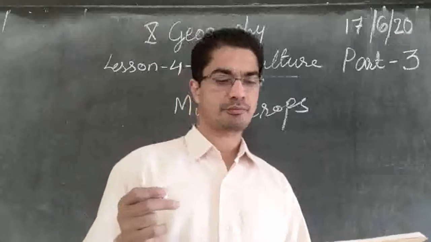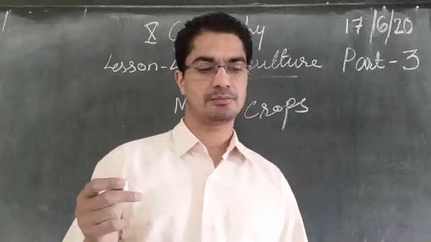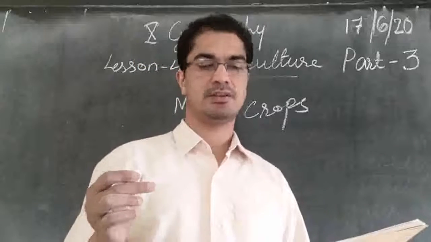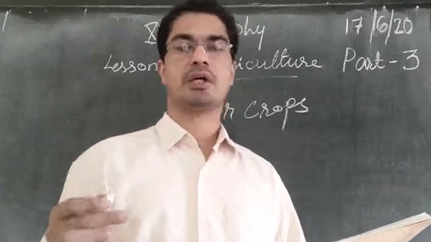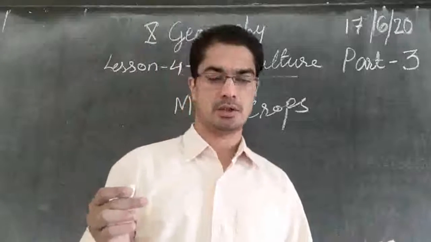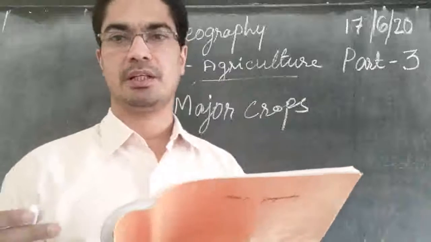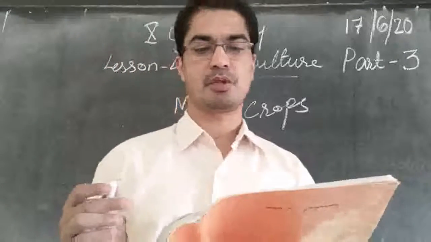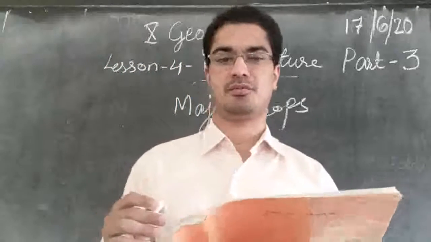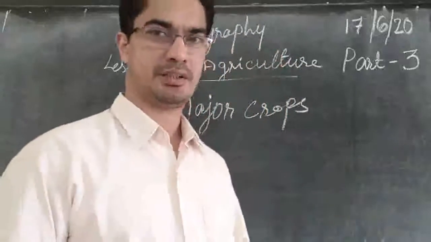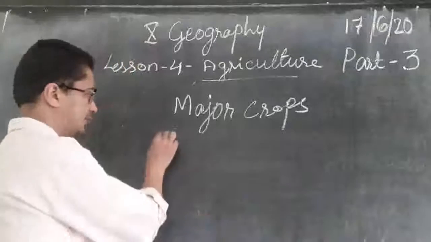Then millets, pulses, tea, coffee, sugarcane, oil seeds, cotton, jute, etc. These are the things that are cultivated in India. So let us see one by one. First and the most important thing that is cultivated in India is rice. So let us see about rice.